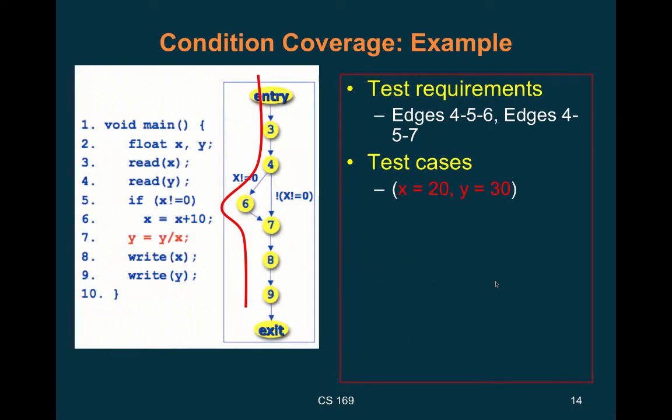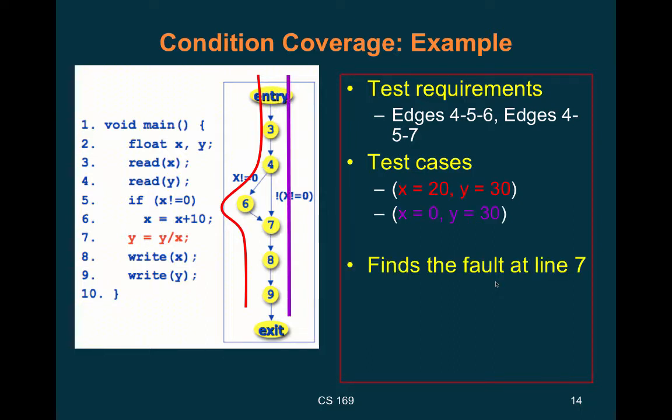So coming back to our example, condition coverage will force you to make sure that for branch 4, you have at least an execution that goes from 4 to 6 and an execution that goes from 4 to 7. So you need at least 2 tests. And that, in this particular example, forces you to pick x equals 0, which makes you hit the divide by 0 problem.